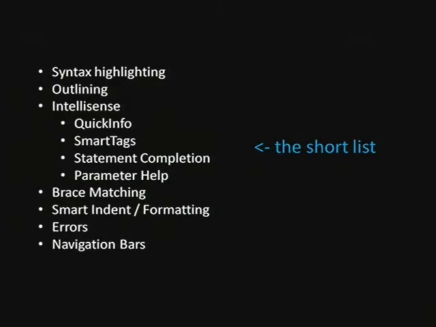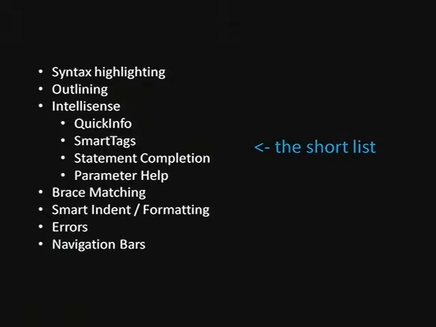Then you have things like outlining, being able to collapse text if you have a nested language. Probably one of the most powerful things you can provide is the IntelliSense stack. So things like quick info, smart tags, parameter help, statement completion is the most popular. And you also have brace matching, the ability to format.